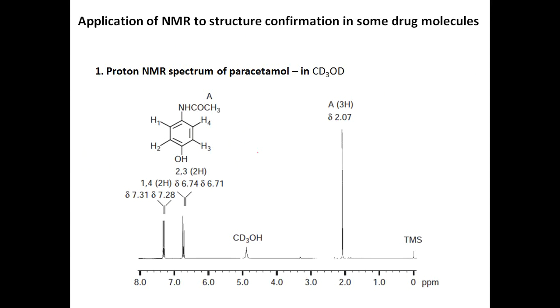This is the NMR spectrum of paracetamol, which is taken in methanol D, that is CD3OD. As I already told, the solvents used in proton NMR spectroscopy are deuterated solvents, because if the solvent is taken in higher concentration and protons are present in it, they will mask the actual NMR signals of the sample.